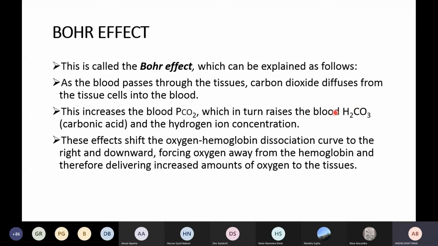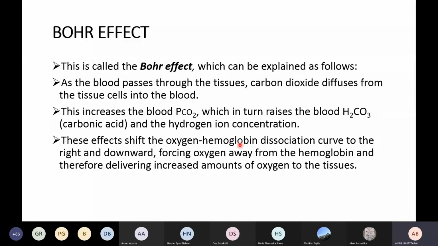The dissociation of the carbonic acid, as you know, leads to an increase in hydrogen ion concentration. An increase in hydrogen ion concentration means a decrease in pH. So this shifts the oxygen hemoglobin dissociation curve to the right, forcing oxygen away from hemoglobin and providing oxygen to tissues.